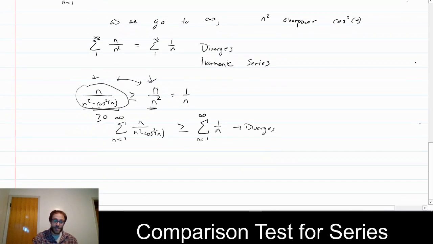So that tells us by the comparison test that the sum as n goes from 1 to infinity of n over n squared minus cosine squared of n also diverges.